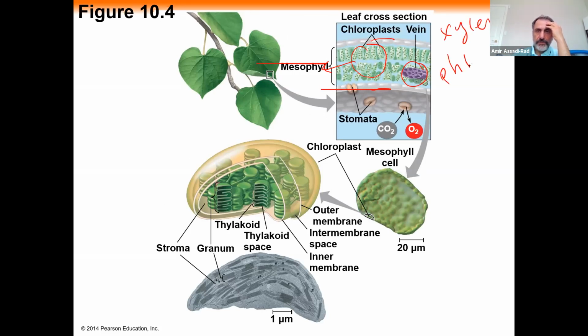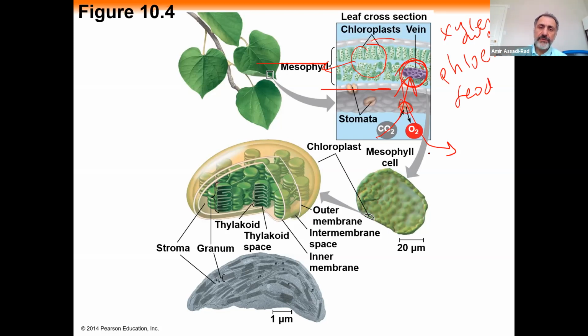Phloem moves food, and xylem moves water. That's called a vascular bundle. They call it a vein. And then of course you can see the stomata right here, where the carbon dioxide needs to go in to make glucose molecules, and the end product oxygen comes out. We will talk about that as well.